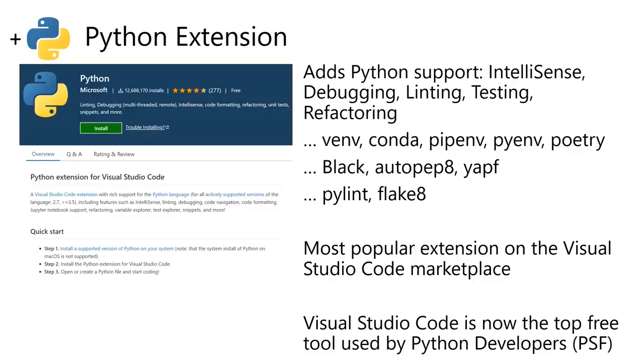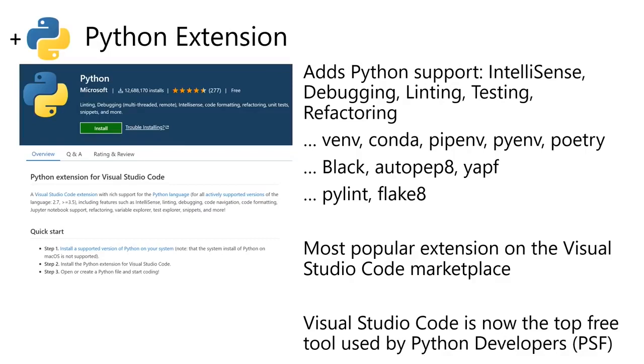So the Python extension offers a lot of great jam-packed features. It offers IntelliSense, debugging, testing. There's support for virtual environment packages like venv and conda, some formatters like Black and AutoPep8, as well as some popular linters like PyLint.